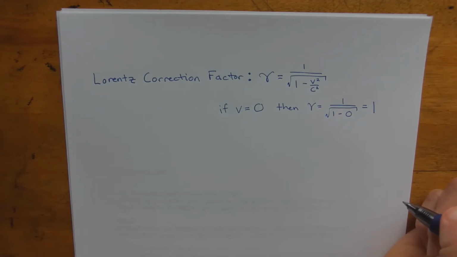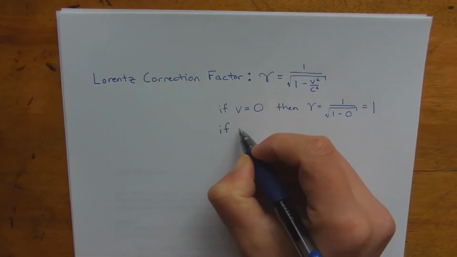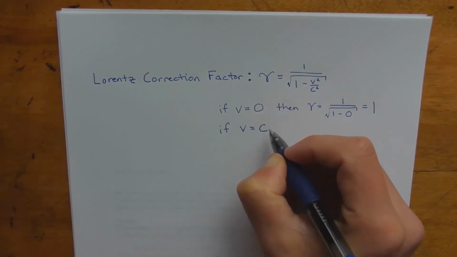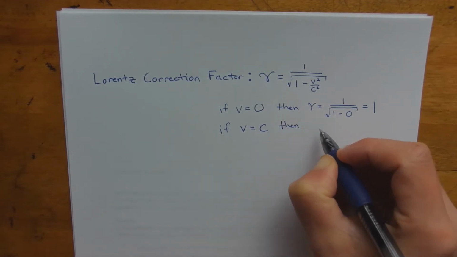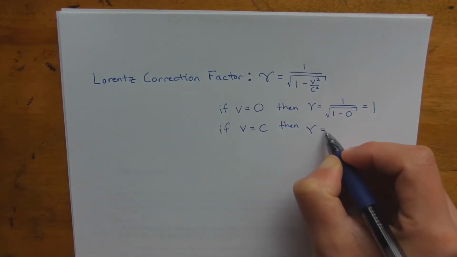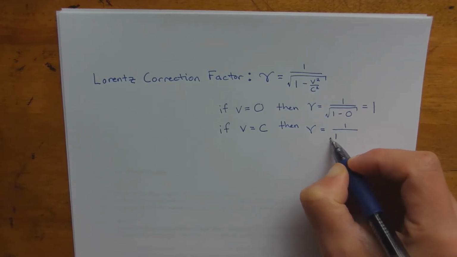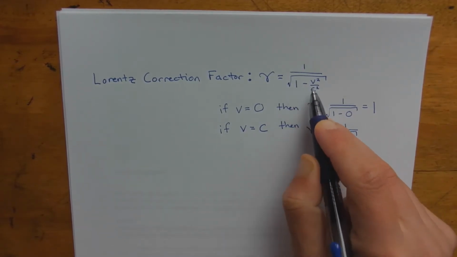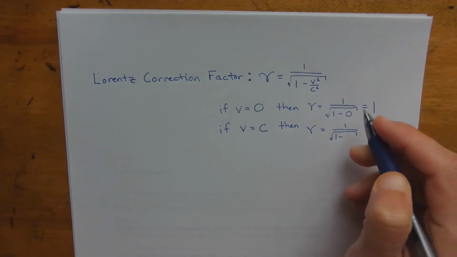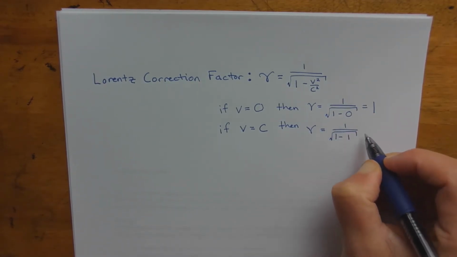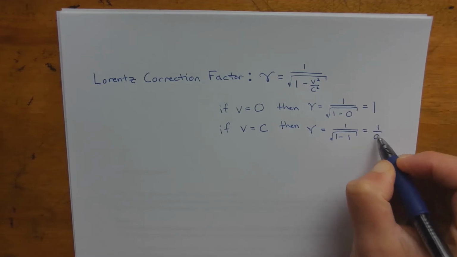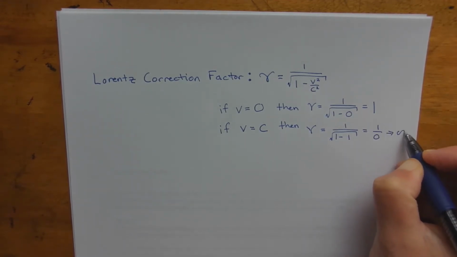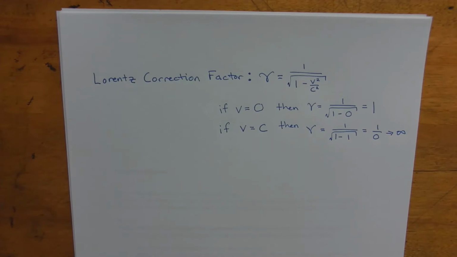So if you're talking about light itself or a photon, then we could have v equal to the speed of light, in which case v squared over c squared would become c squared over c squared, which is just 1, but now we have 0 in the denominator, so the correction factor goes to infinity. So for this correction factor, you can have anything between 1 and infinity.